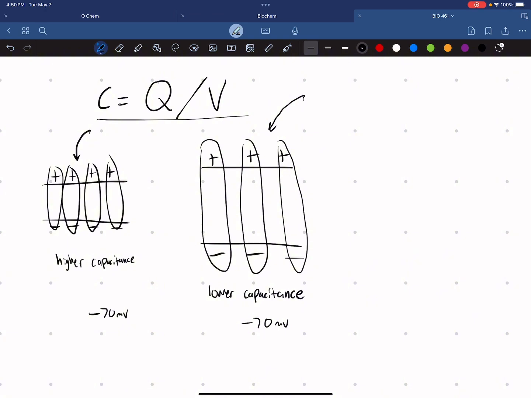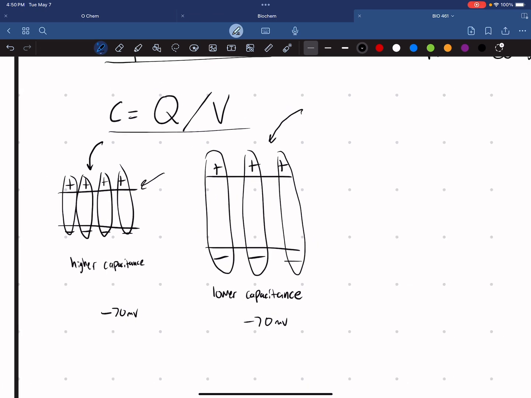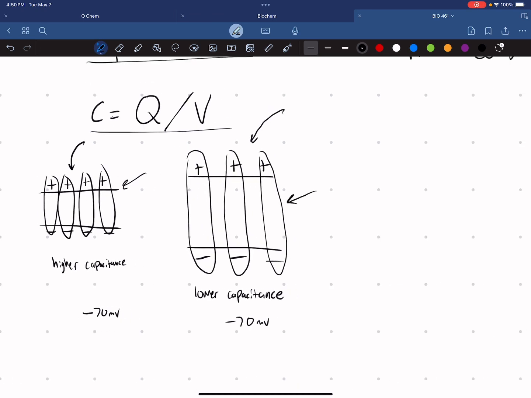There is a higher concentration of charges on this membrane and a lower one here, but this one has a greater length than this one. And so those two variables, the separation of charges per volt, or per the amount of charges on a membrane, are what determine capacitance.